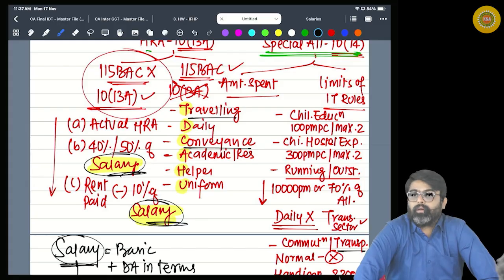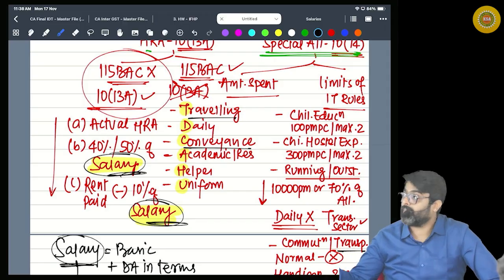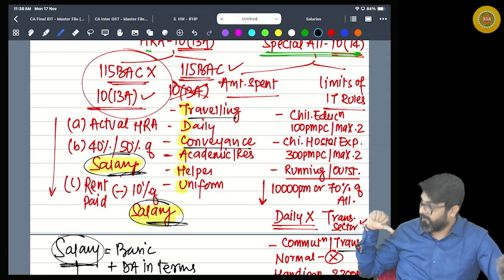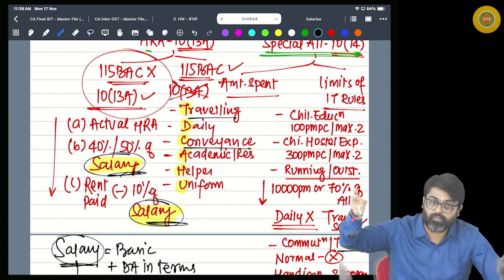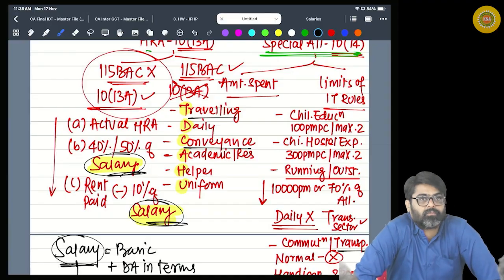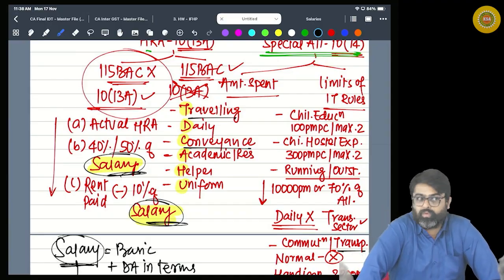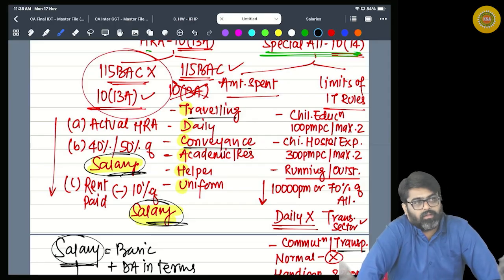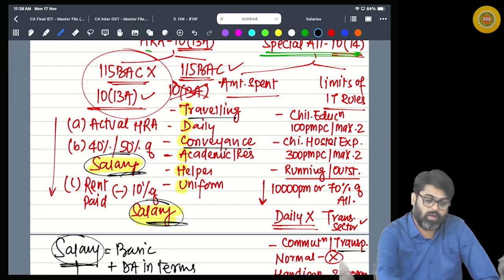And the rent paid should exceed 10% of your salary, meaning the limit C, whatever rent you have paid in excess of 10%, that amount, or 40 or 50% of your salary, or the actual amount of HRA, whichever is lower, to that extent your HRA will be exempt, and any HRA over and above this amount will be taxable. Yes or no? And to calculate the HRA exemption, you need salary. You need what?